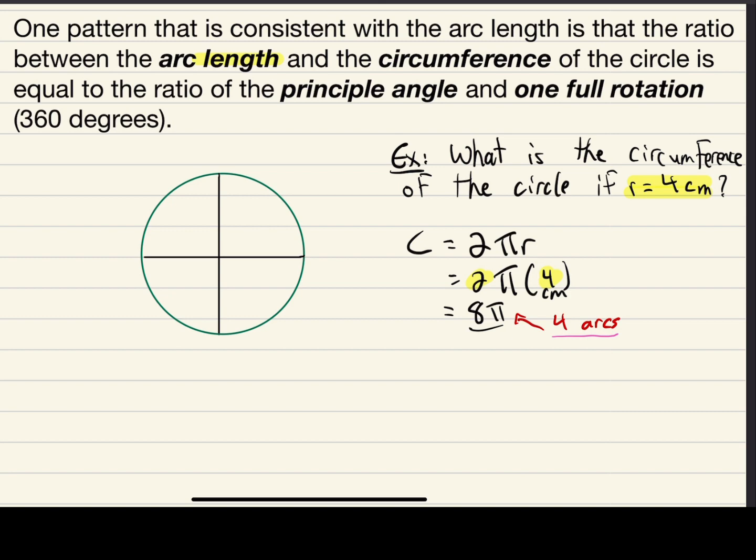So then imagine we have a 90-degree angle. I'm going to write 90 degrees. That would go from here to here, basically. So how much would one arc be?